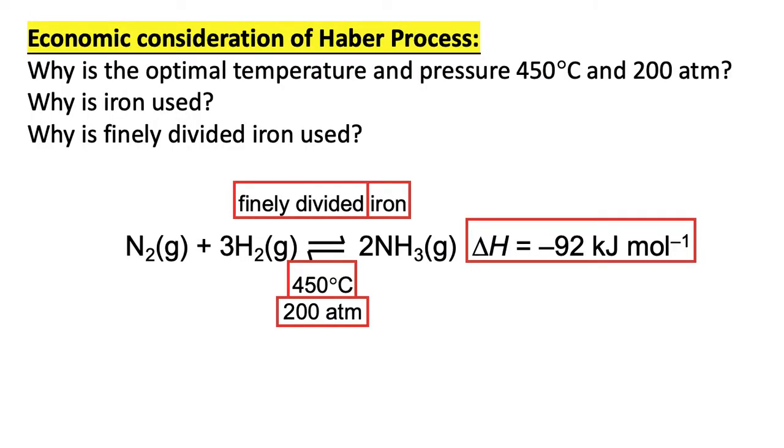Next is the economic consideration of the Haber process. Why does the Haber process have such optimal temperature and pressure, why is iron used, and why does the iron have to be finely divided? So let's take a look.